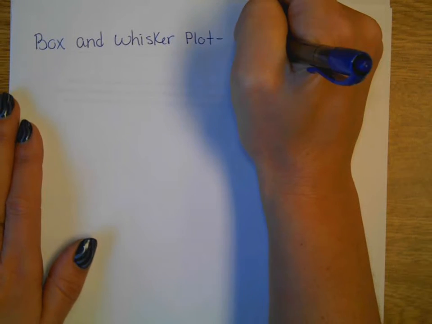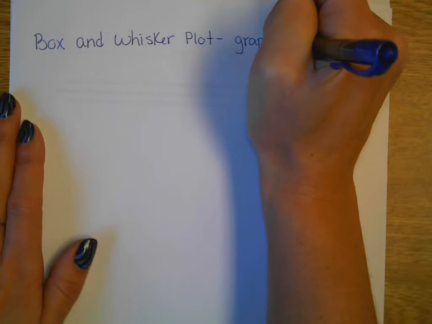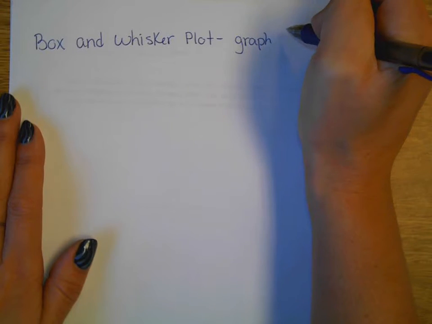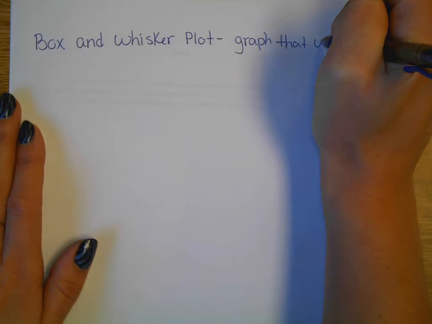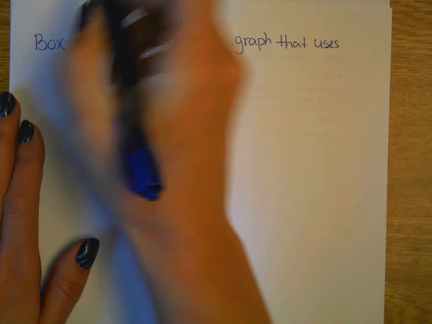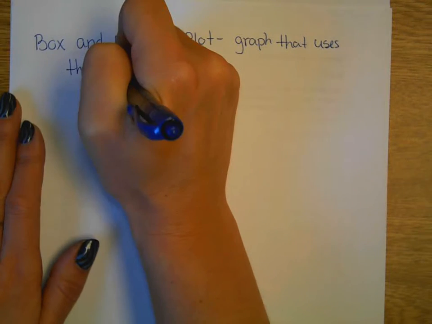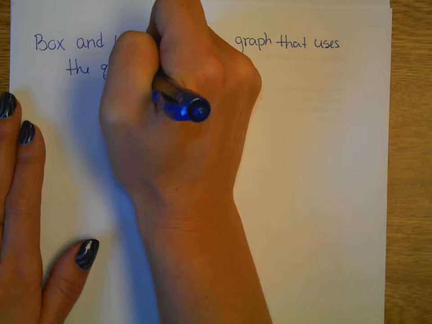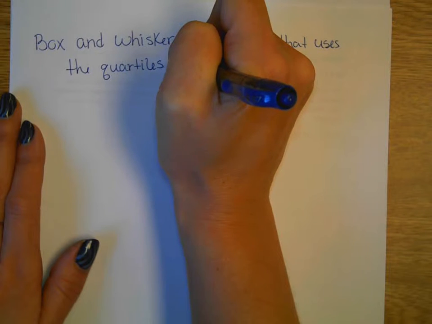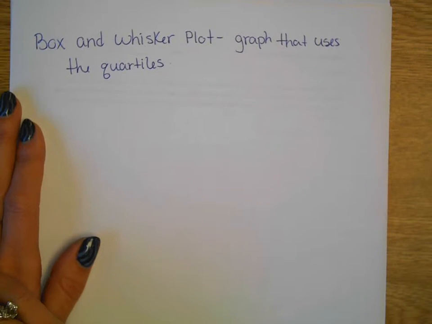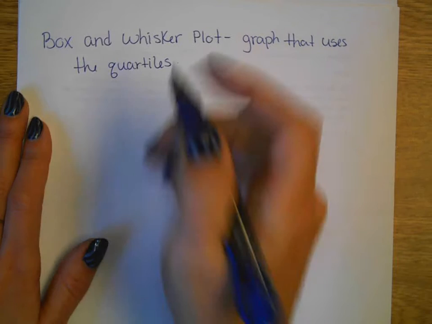A box and whisker plot is a graph that uses the quartiles. You need 5 values. Well, you need a number line.